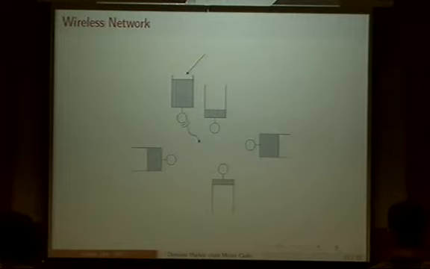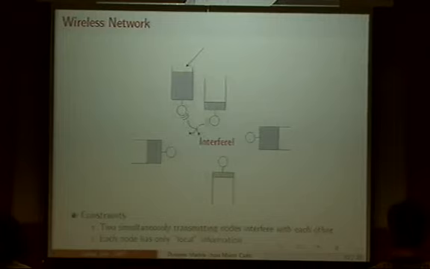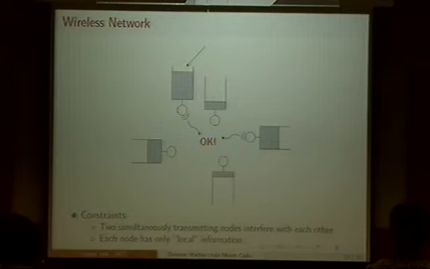Here there are 5 queues, and packets arrive at the queues and leave the queues. If two queues are very close, their transmissions might interfere. However, if two queues are far away from each other, then it is okay. These two queues can transmit simultaneously.